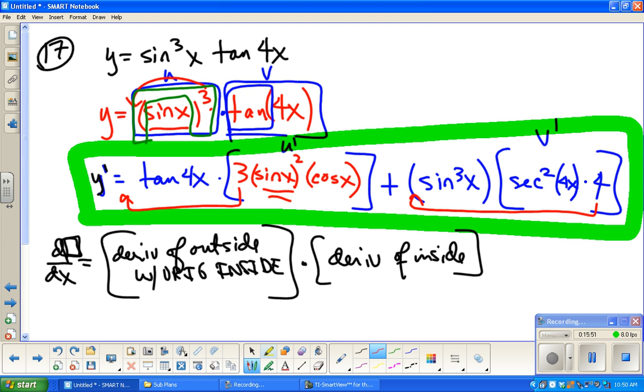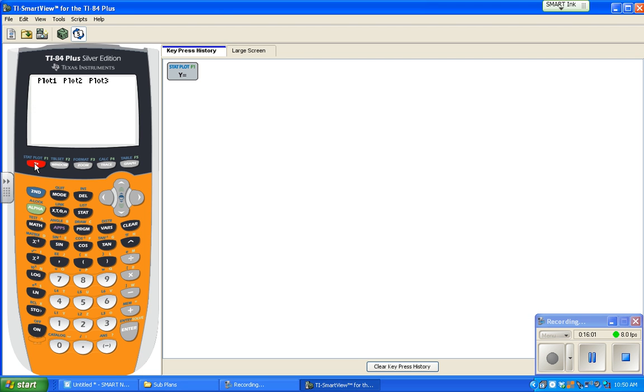Now the question is, how would numeric derivative help us confirm that this is correct? Numeric derivative is when you go on your calculator and do the derivative. The calculator can't do a symbolic derivative. Your calculator can't do the derivative of x squared and call it 2x.